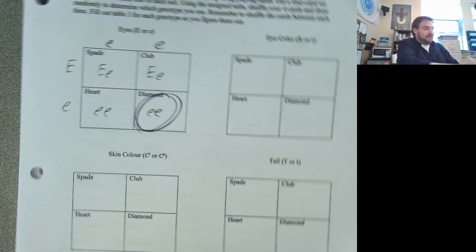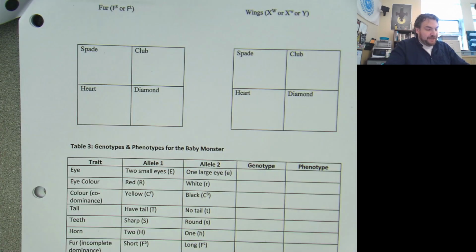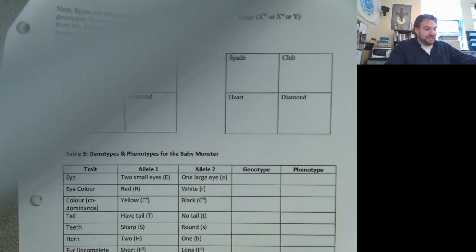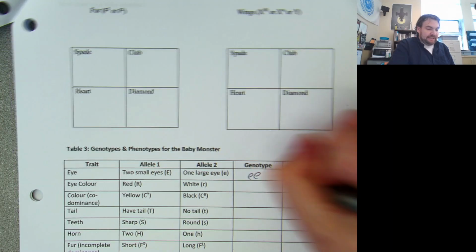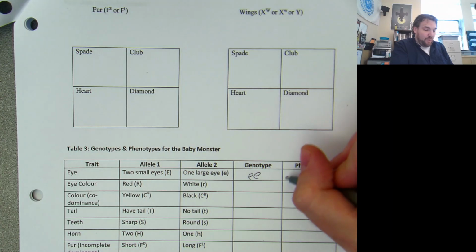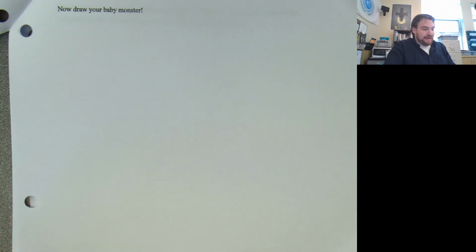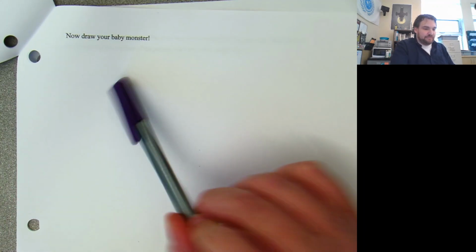So you're going to flip a head, and say the genotype of the baby monster is going to be the diamond that Penny drew, little e, little e. The baby monster is going to have the recessive one. You're going to figure out all of the genotypes for the offspring, and now you're going to make the baby monster.